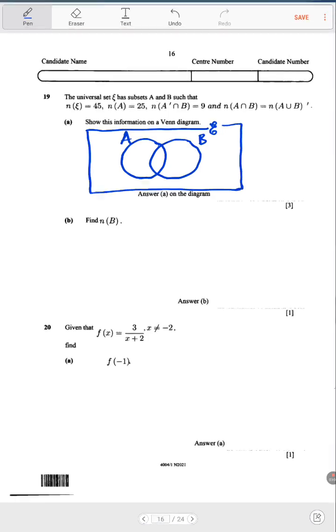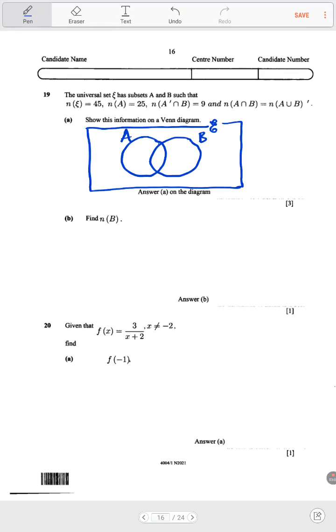So from the information that we've been given, we know that all the elements inside set A are 25. But this 25 also includes what is in the intersection. But then this part says if you consider everything that is outside set A, where it intersects with set B, but outside set A, which is this part here, there is 9 elements there.